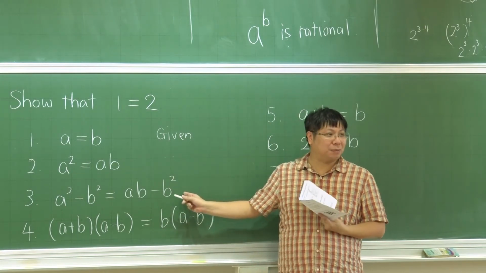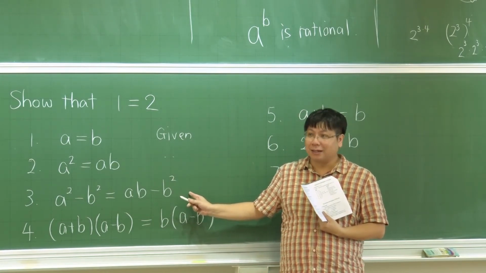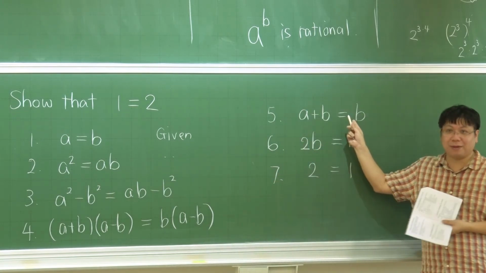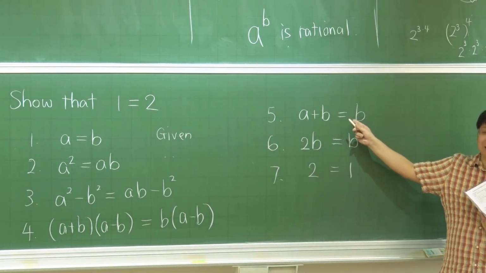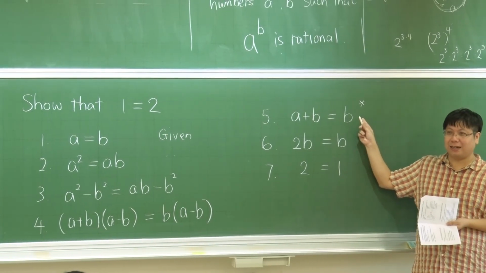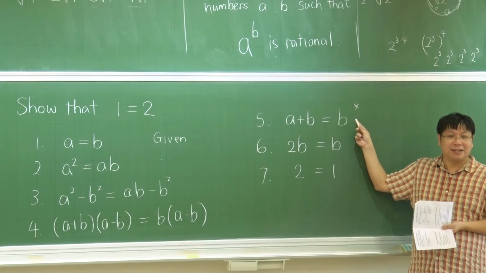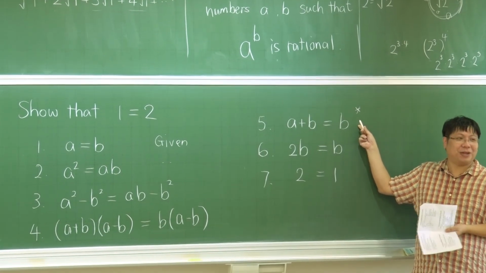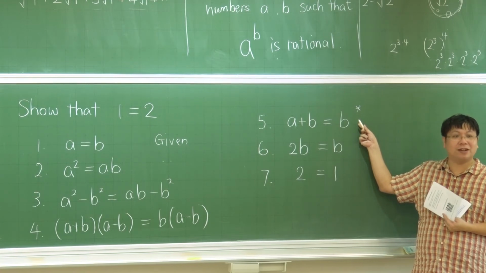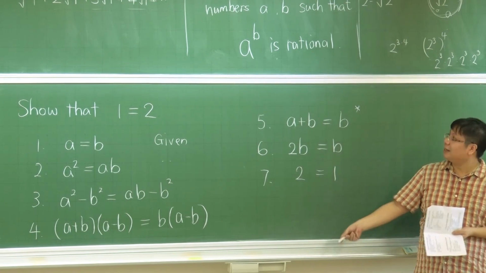Is it wrong to subtract B squared from both sides? Is it wrong to factorize them? Is it wrong to make this into A plus B equals B? Yes. Why? Because we cannot be sure that A minus B is not 0. If it is 0, then we cannot cancel both sides.